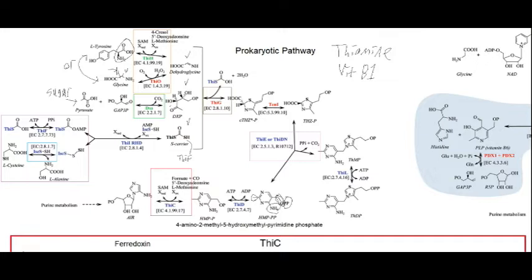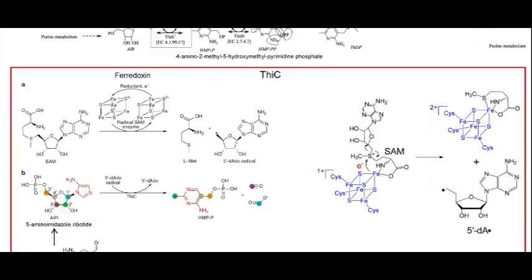And then we have this THIE, which brings our HMP pyrophosphate and our thiazole phosphate together into thiamine monophosphate. Then this THIL phosphorylates that into thiamine diphosphate. All right, so I'll start by going through the THIC mechanism here.